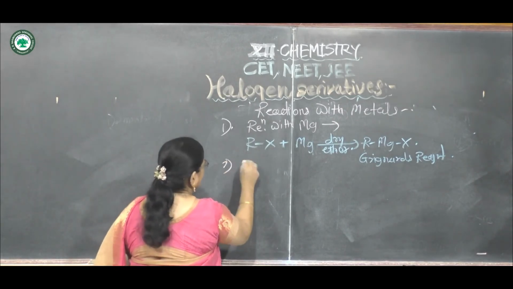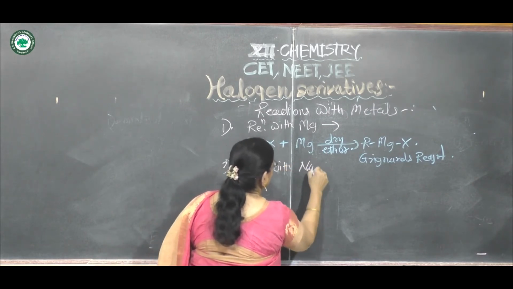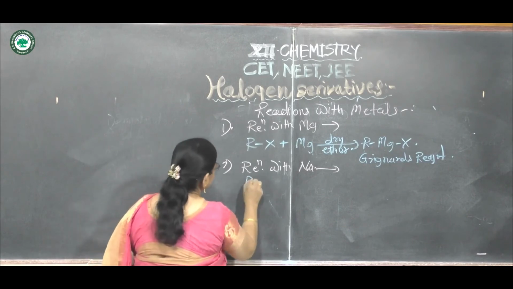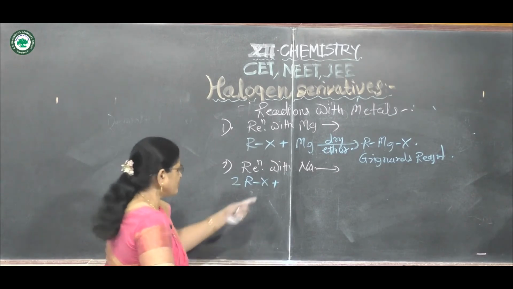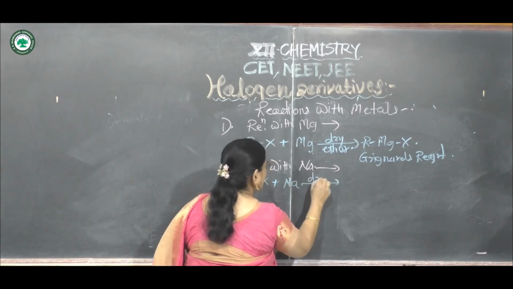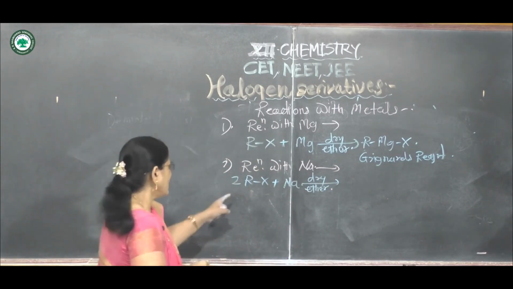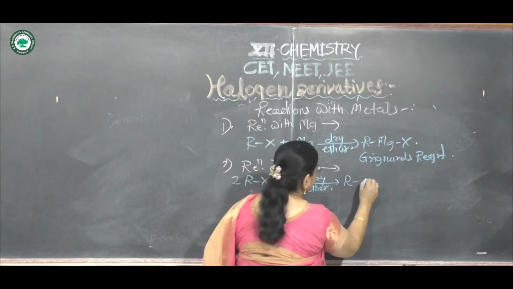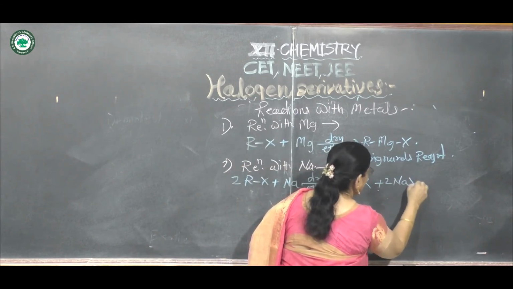Then the second reaction is with sodium. Again the general reaction is RX, and it requires two molecules of sodium. It reacts with sodium, again in presence of dry ether. Then it gives an alkane, RR, plus twice NaX.